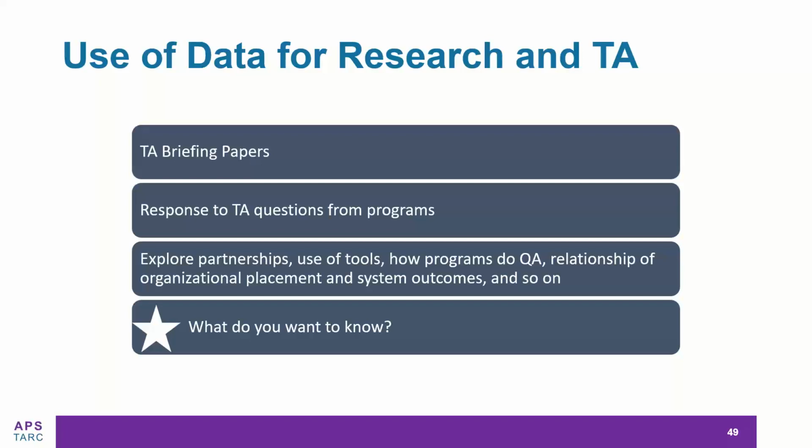We're able to dive into the survey, give them counts or give them references to people that we now know have implemented certain types of practices. We can identify that from the survey, and we can make references to programs to help them find people to help them implement a best practice. We're going to work on some TA briefing papers next year, diving deeper into some of this data that's not going to be reflected in the final report.